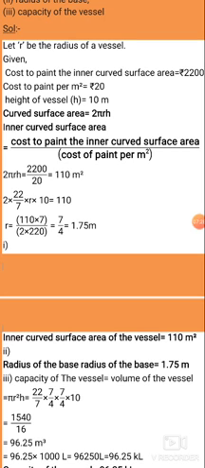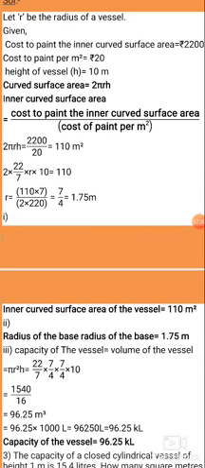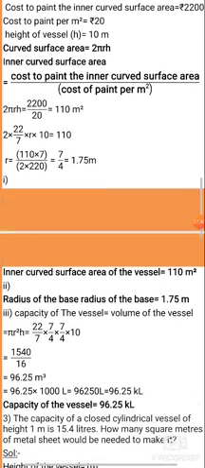Now when you change that into kiloliter, we need to divide it by 1000. So that is 96.25 kiloliter. Clear, students? Now the volume or the capacity is equal to 96.25 kiloliter.